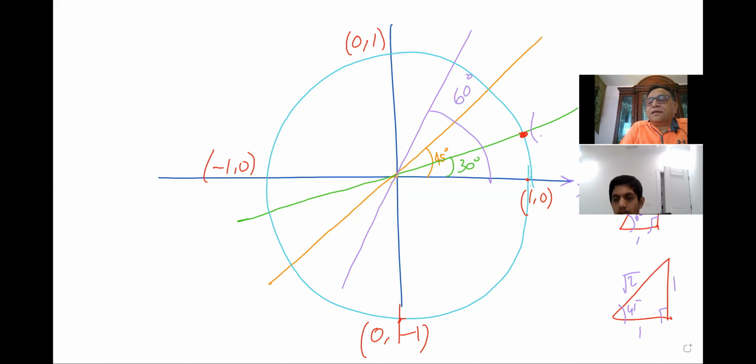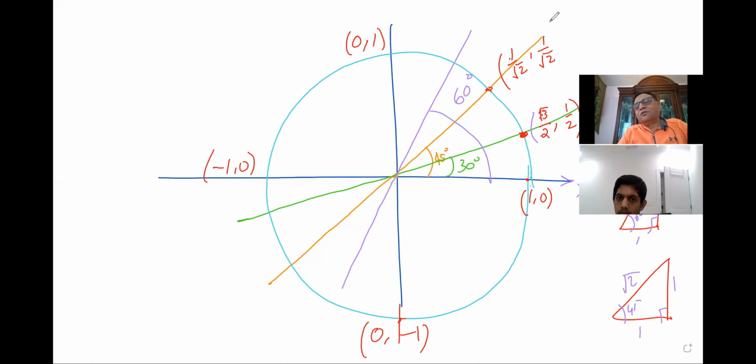If you look at 30 degrees, sine is half, but cosine is square root 3 over 2. So this is square root 3 over 2, the x value, the cosine value, and the sine value is half, right? For 45 degrees, what are the values? 1 over square root 2 and 1 over square root 2, correct?